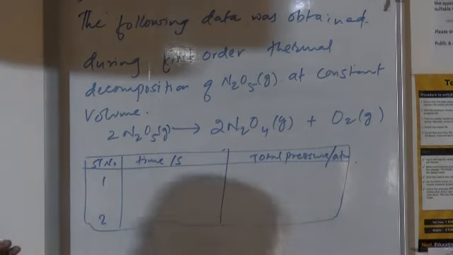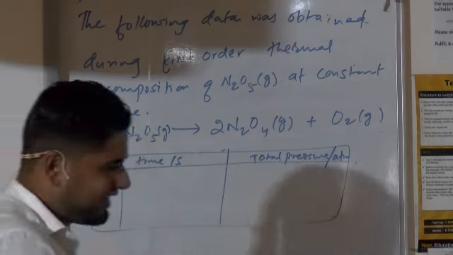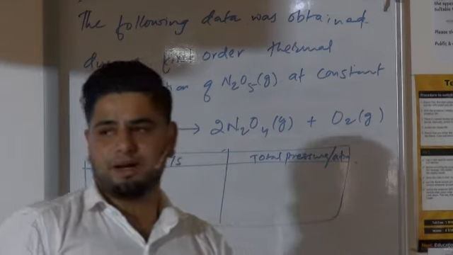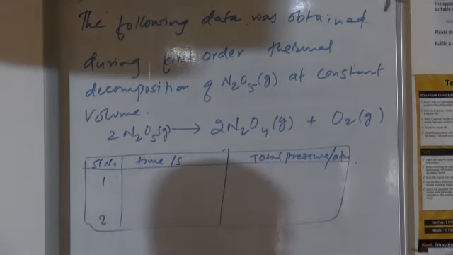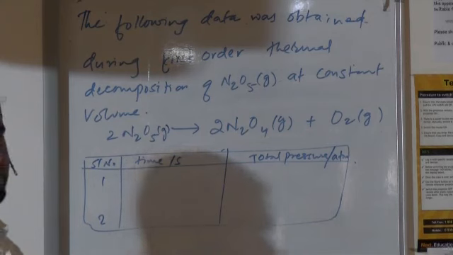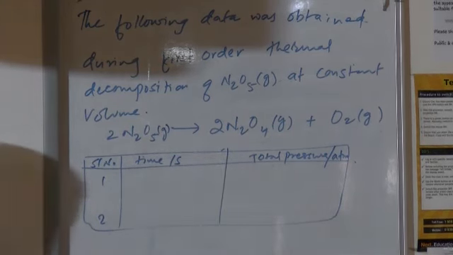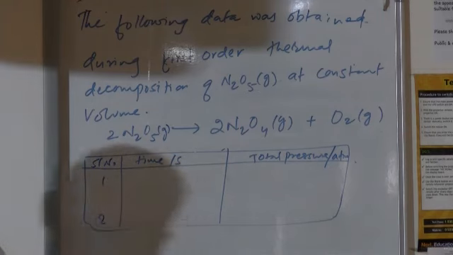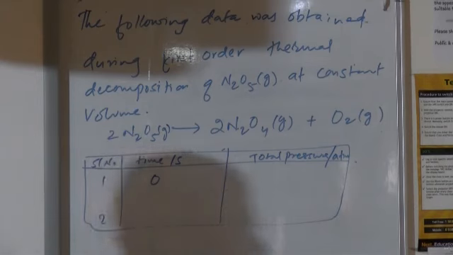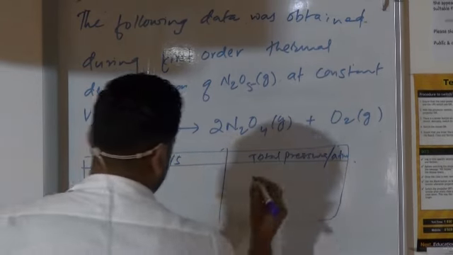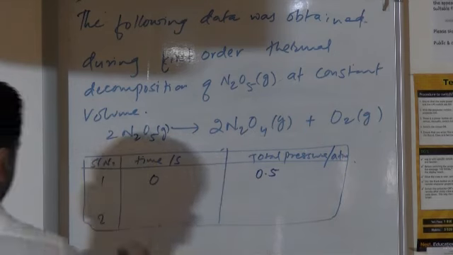For reactions involving gases only, we use the partial pressure term. So we use the formula having the partial pressure term, that is the third formula which I have given previously. Time given is at 0 second, when the reaction has just started, total pressure is 0.5 atmosphere.